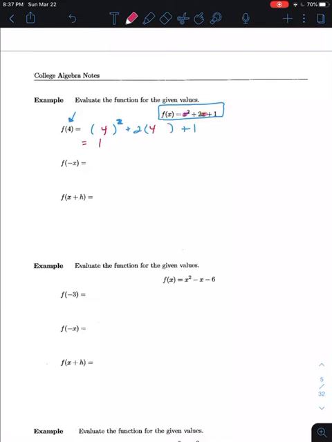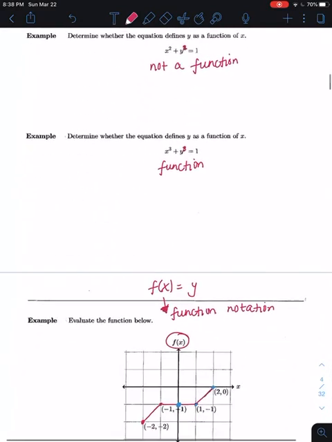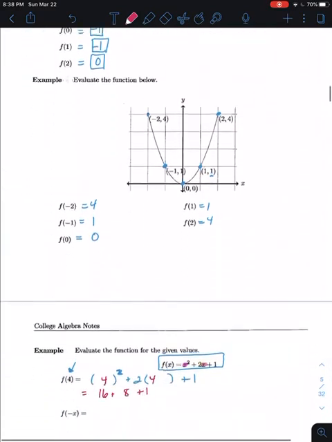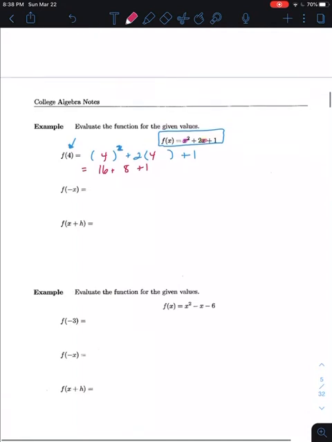The answer is 4 squared, which is 16, plus 2 times 4, which is 8, and plus 1. Adding this across, 16 plus 8 is 24, plus 1 equals 25.